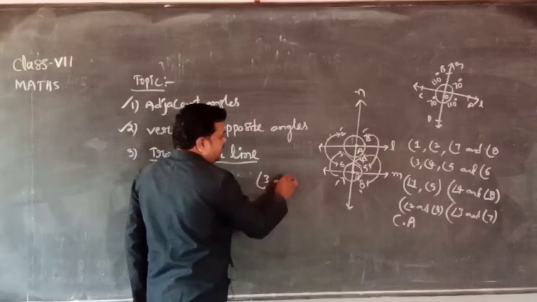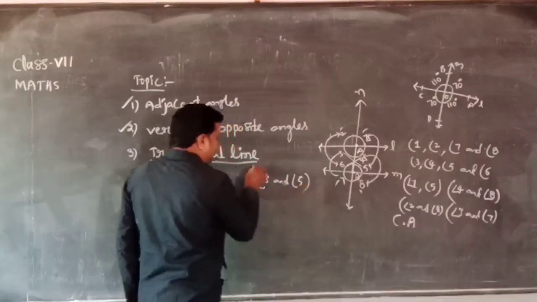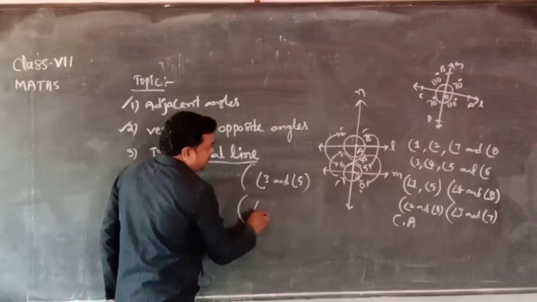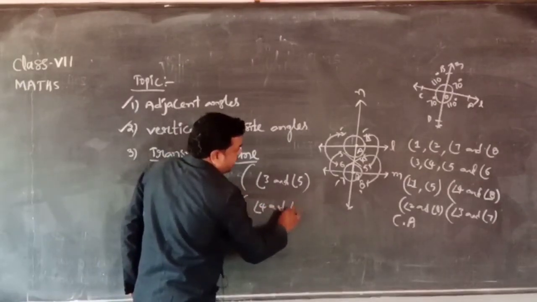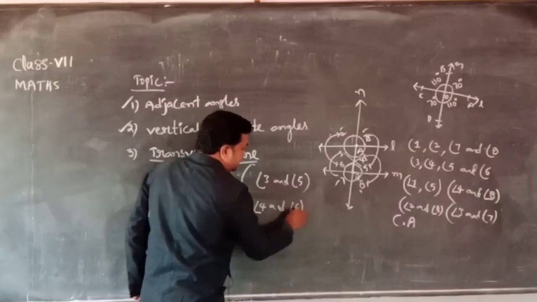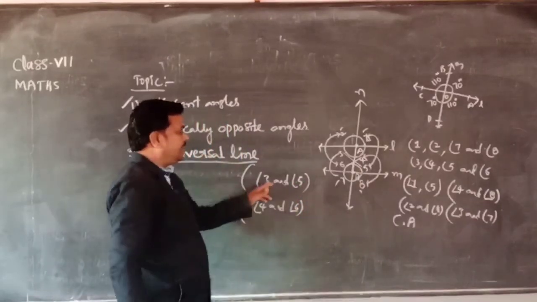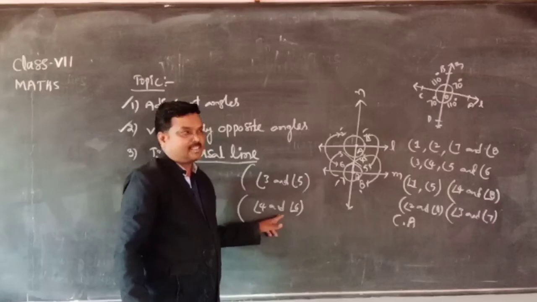Angle 3 and angle 5, angle 4 and angle 6 are alternate interior angles.